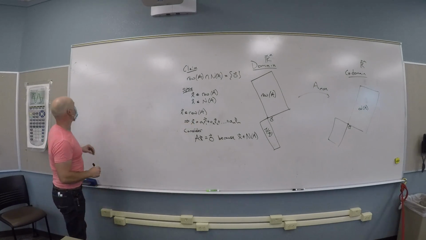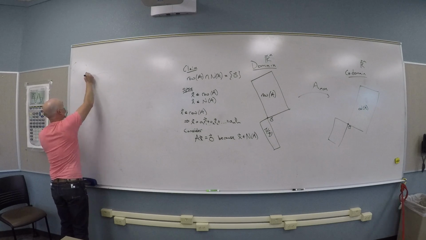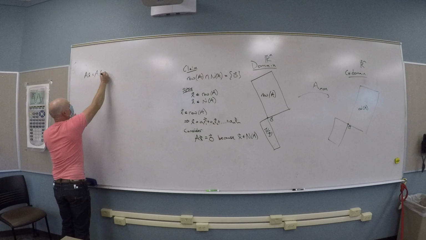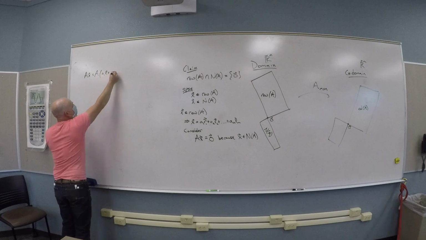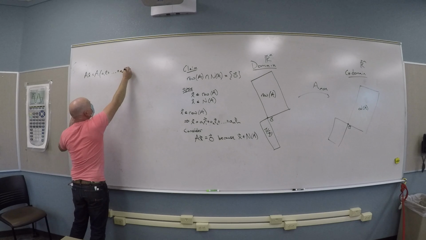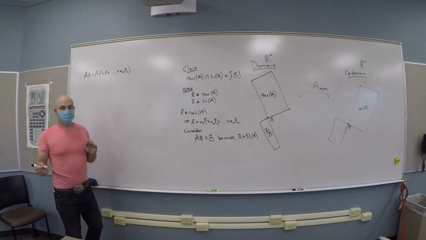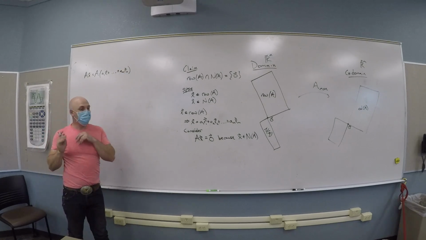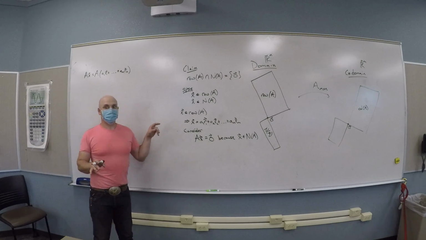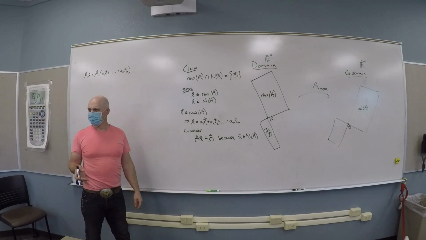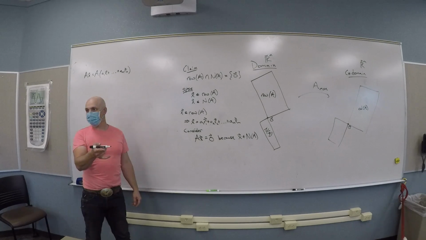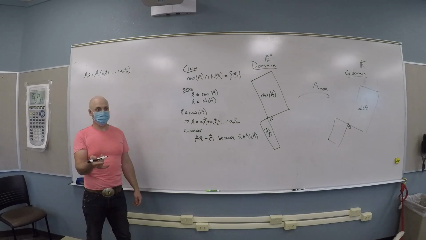So A applied to x is A applied to a1 R1 plus up to am Rm. You guys all with me on that? And I know the sizes make sense. Why do I know the sizes make sense? Because the rows are the right size. We established that a bit ago.